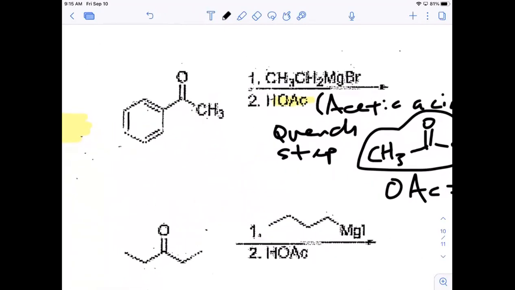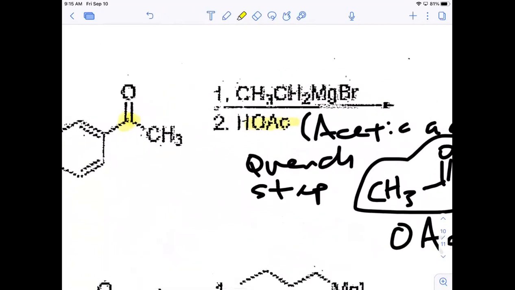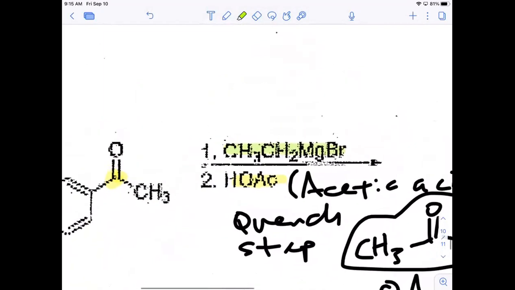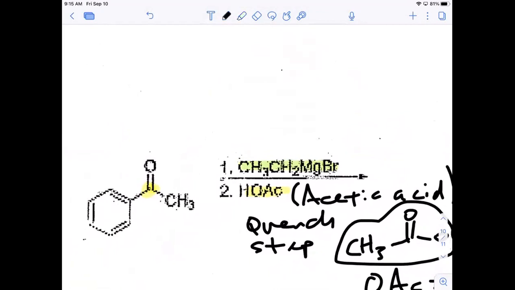Here's my ketone. The carbonyl carbon in the ketone is going to receive the nucleophile, which in this case is this Grignard right here. I'm going to redraw that because the resolution is kind of bad. It's important to know when you see a Grignard that this is the carbon that's bonded to magnesium.